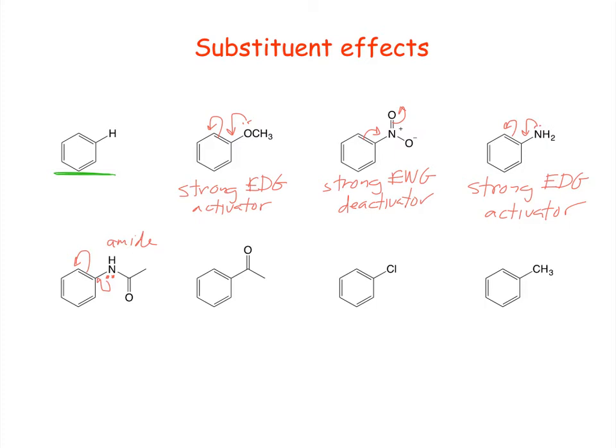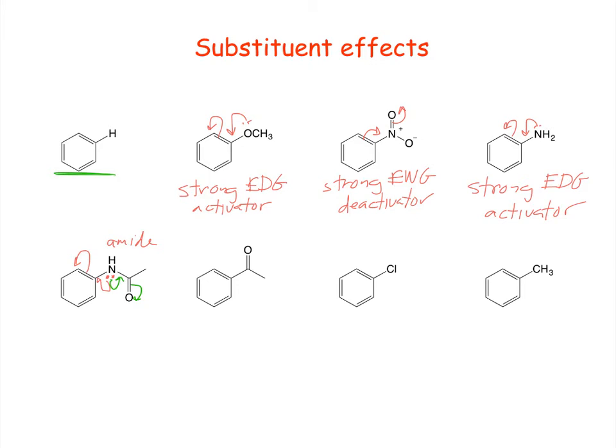Mostly I just hear a bunch of mumbling out there. Okay, so you're right. The second people are right. And the reason is that this non-bonding pair here has a competing resonance out to the oxygen. Its loyalties are split between donating electrons into the ring and donating electrons out to the oxygen.